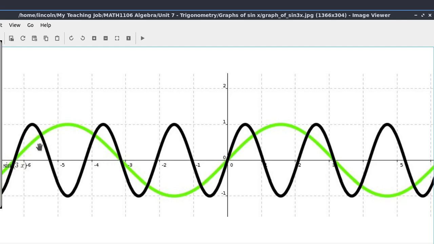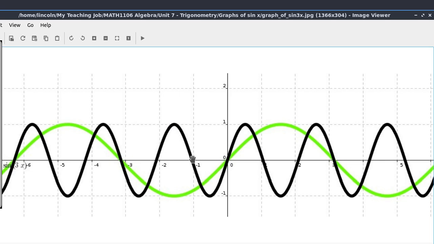The set of changes for the original graph, notice, for example, this goes from 0 down to minimum, then back to 0, then up to maximum, then back to 0. And then it's ready to do it again. The modified graph went down from 0 to minimum, back to 0, up to maximum, then back to 0.